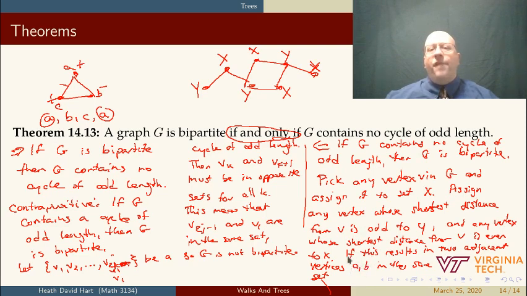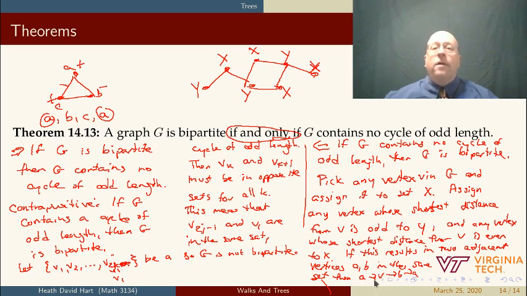If they're in the same set, then the distance from A to V will either be odd or even, but the distance from B to V will also be the same parity. And so then A to V to B, and then back to A. A to V will be odd, and V to B will also be odd. And then B to A will be one extra edge because they're adjacent vertices. And so odd plus 1 is odd.